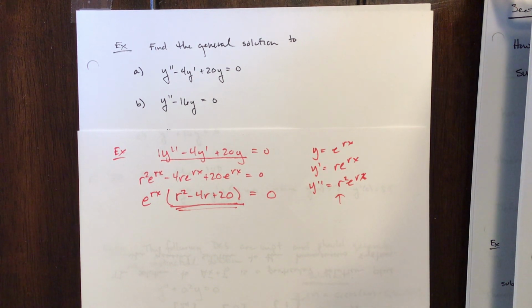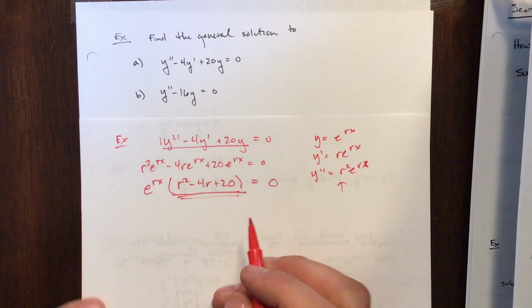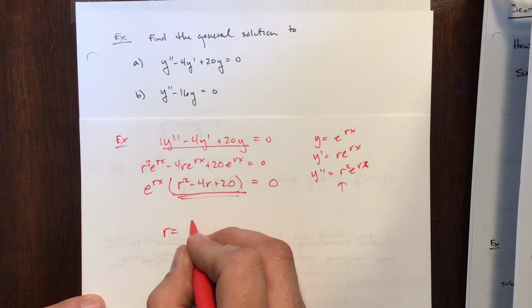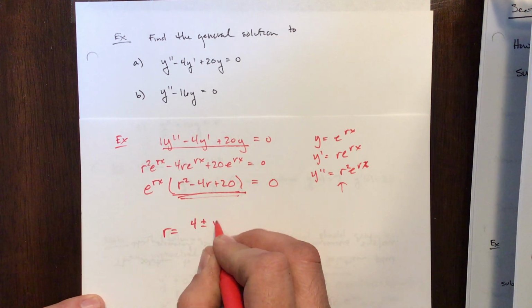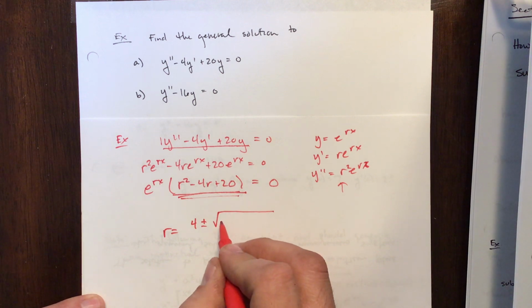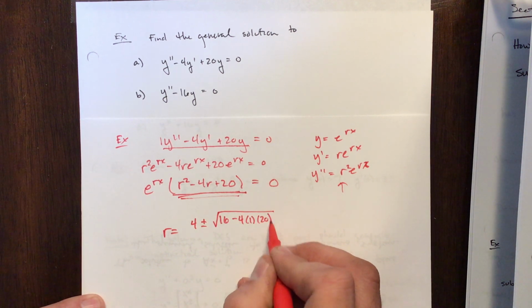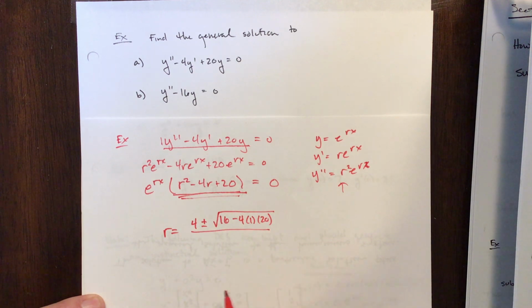So now that we know the auxiliary polynomial is r squared minus 4r plus 20, we look to see how that factors. Okay, well, it doesn't look like it factors. So what we should do is look at the quadratic formula. So r equals negative b, so that's 4, plus or minus the square root of b squared. B squared is 16, minus 4 times 1 times 20, all over 2 times 1, so that's 2.